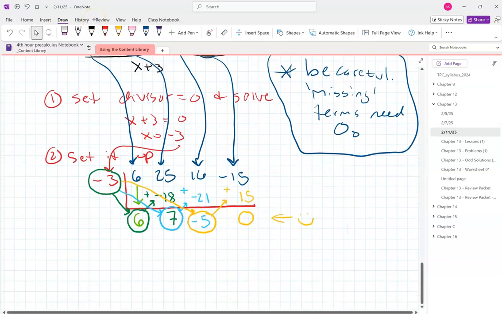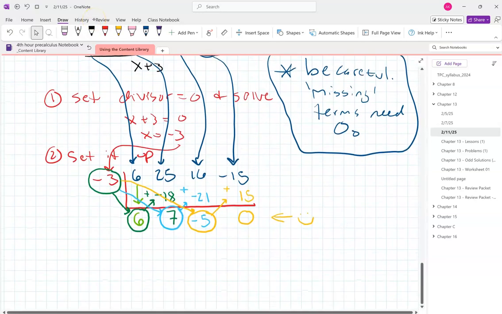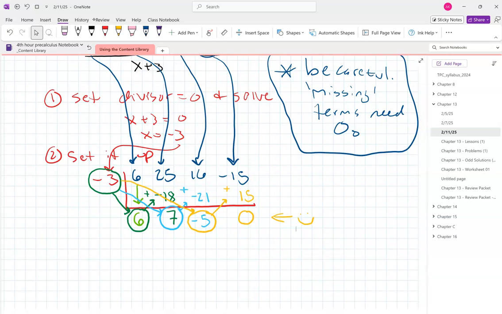So these numbers at the bottom now have a meaning. We want to read these numbers from right to left. This first number is the remainder. The next spot is the constant term.